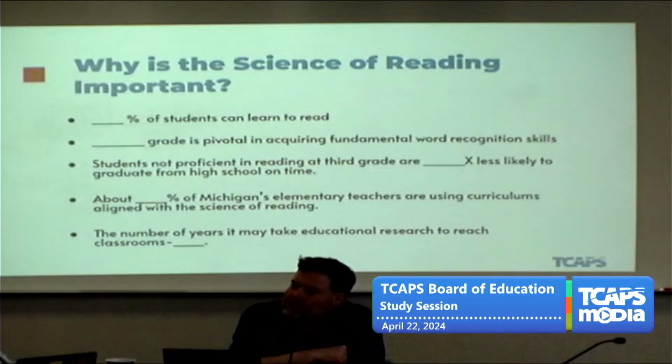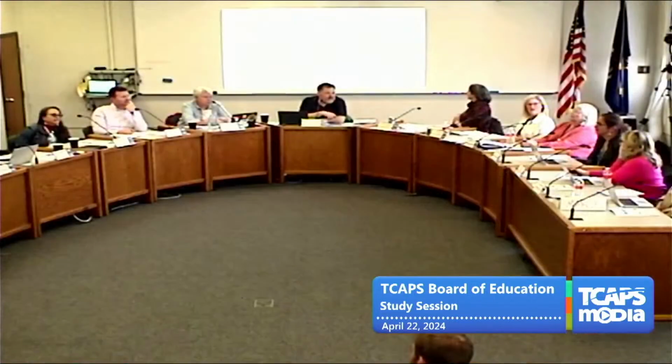So just in your head, think about what percentage of students can learn to read. Go ahead if anybody wants to share their thought. 100%. No, I don't think it's quite that high, because dyslexia and some other things can be going on. So we have about 50%.